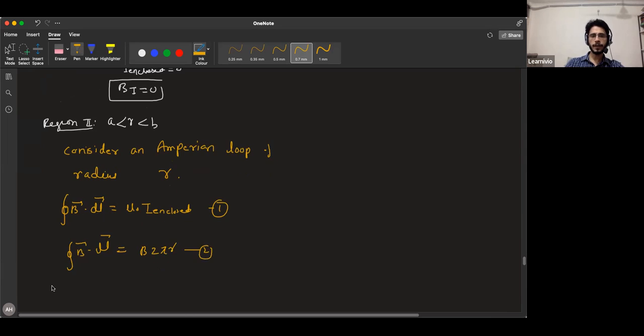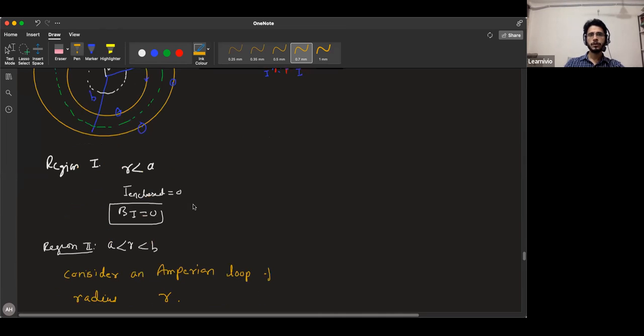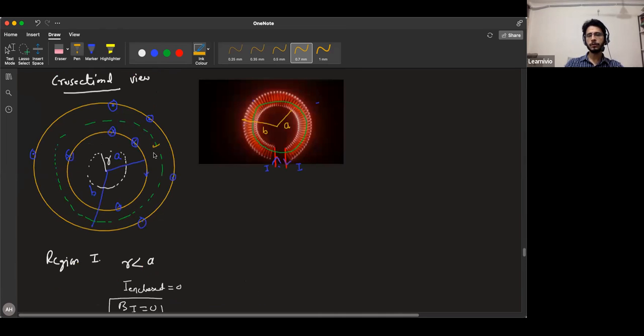If I take capital N as the number of turns, and I is current through each turn. This is the Amperian loop. How much current is enclosed by the loop?